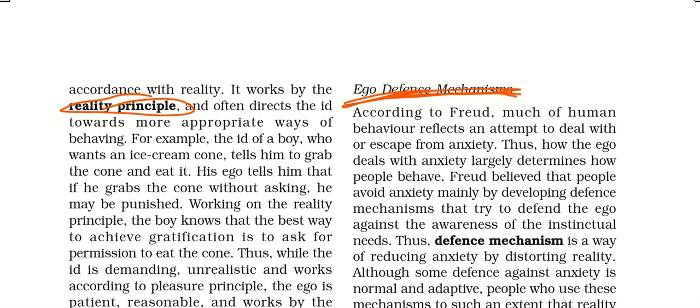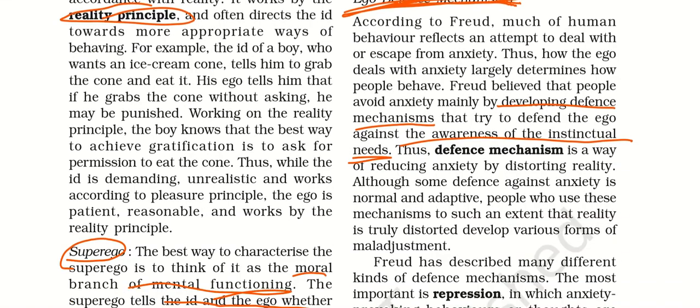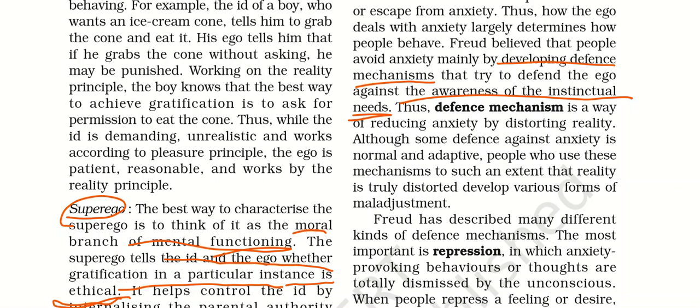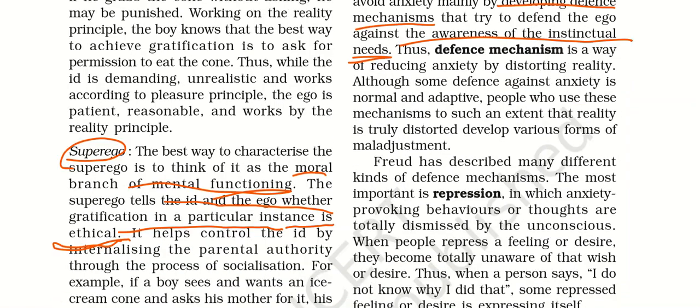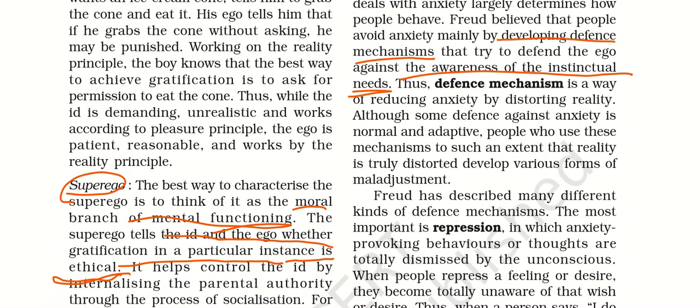Freud believed that people avoid anxiety mainly by developing defense mechanisms that try to defend the ego against the awareness of instinctual need. Thus, defense mechanism is a way of reducing your anxiety by distorting your reality. He talked about, I guess here they have mentioned five defense mechanisms. We'll go through and see how many are mentioned.